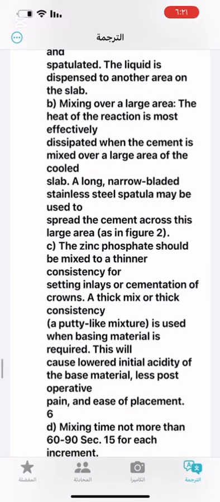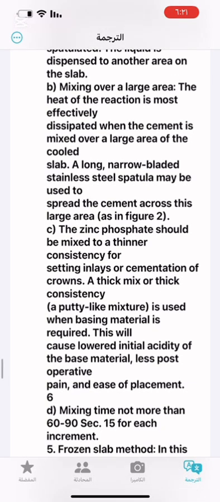The heat of the reaction is most effectively dissipated when the cement is mixed over a large area of the cooled slab. A long, narrow-bladed stainless steel spatula may be used to spread the cement across this large area, as in Figure 2.